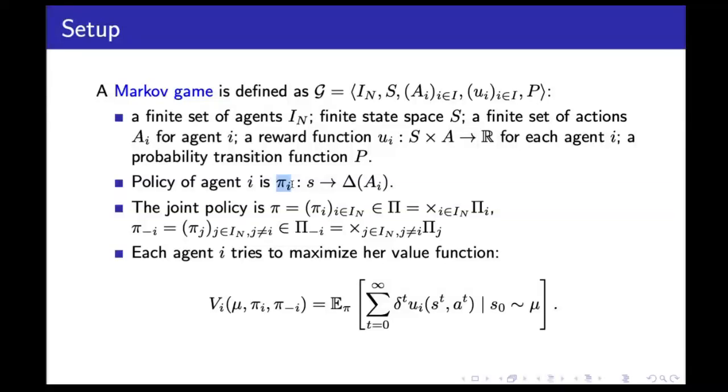At each time, you randomly sample an action from this probability distribution on the action set. We denote a joint policy for all the players, and the policies of all the other players except i. And each player wants to maximize her value function as a discounted sum of all the utilities.